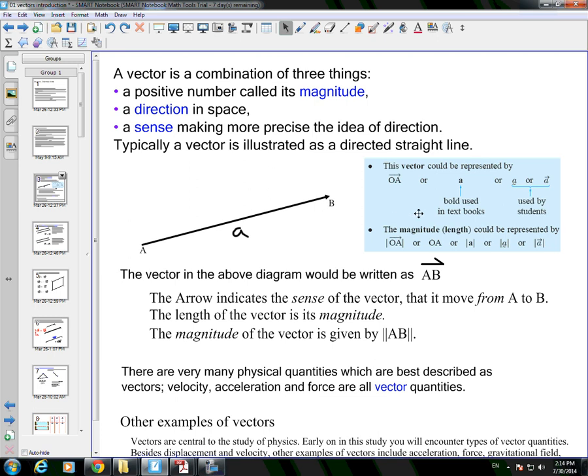So in your packet, you should see this slide. Make sure that you understand the different notations, variant notations. When we talk about magnitude, we sometimes use double bars, but more commonly now it's like using the absolute value bars. So the magnitude of vector OA, or just OA, corresponds to the same meaning, or the magnitude of boldfaced letter A, and these are modified notations.